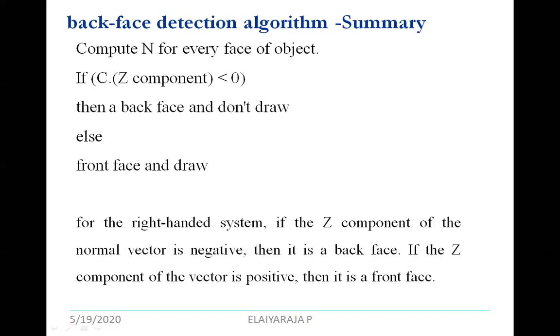In backface detection, either you do counterclockwise or clockwise. Counterclockwise is the right-handed system. Clockwise is the left-handed system. So, the backface detection method in the left-handed system is clockwise.